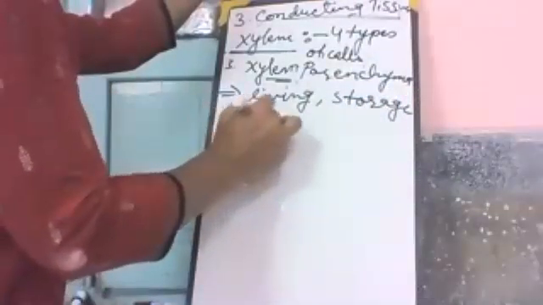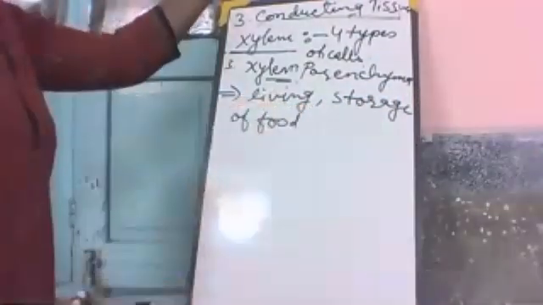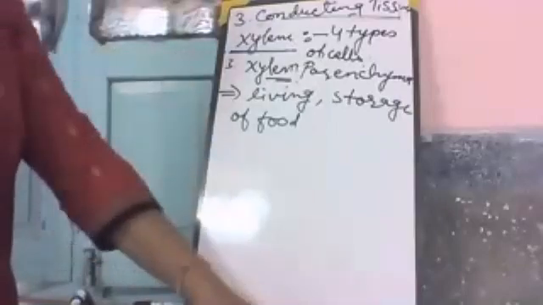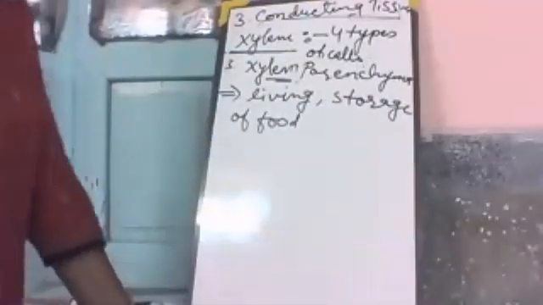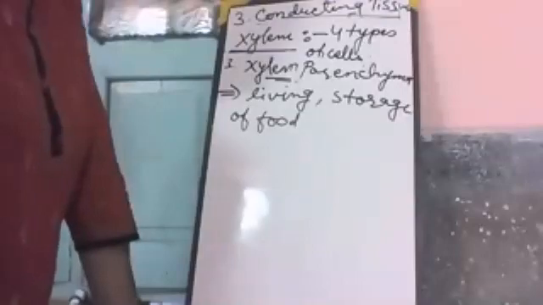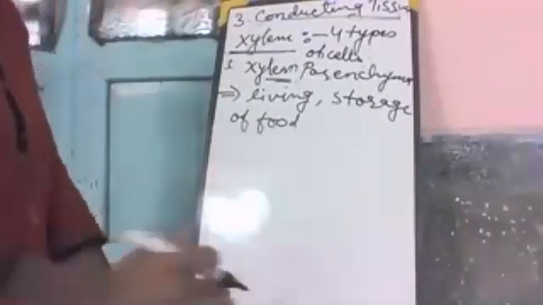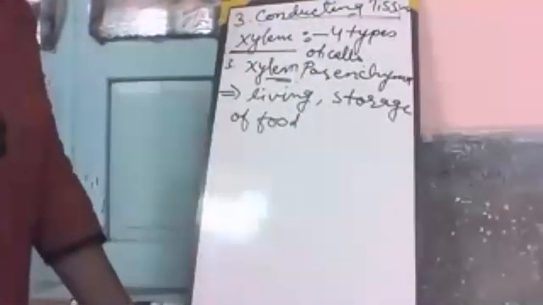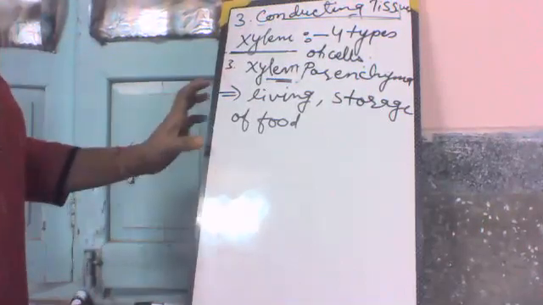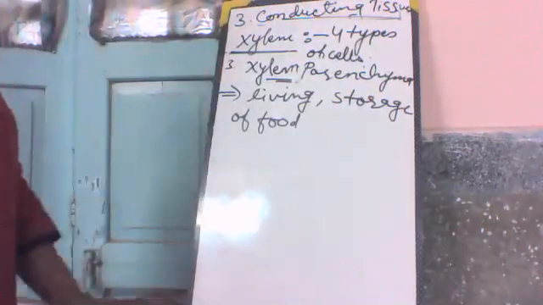It stores food for the plant in the form of sugar and starch, and helps in conduction of water and minerals. This is all about the xylem parenchyma.